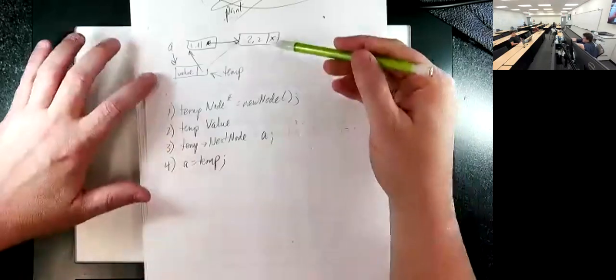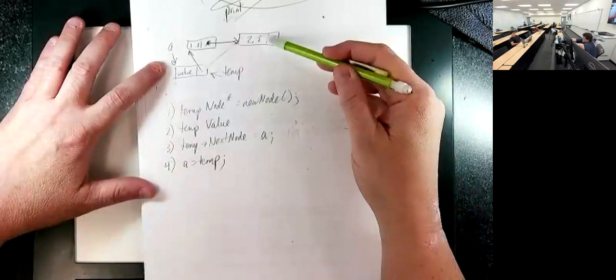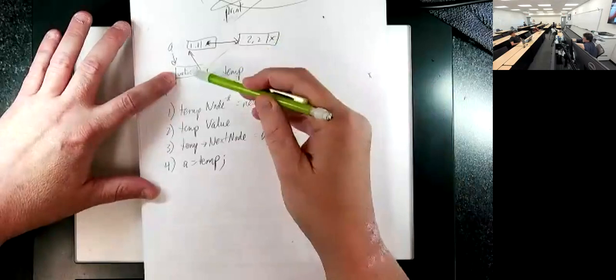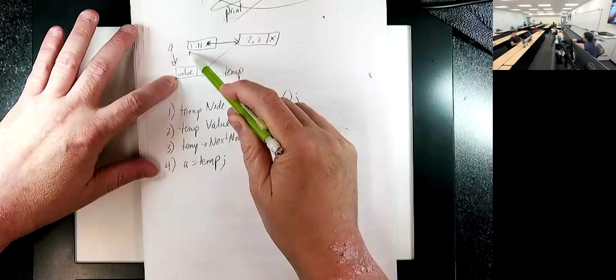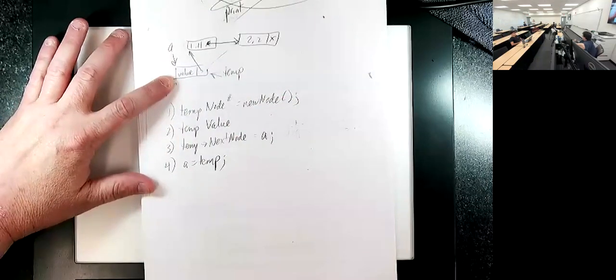We made the new node, we put its value in, we directed its next node to point at A, and then we directed A to point at it, which sounds kind of funny, and it sounds super stupid if you were to do it in real life.